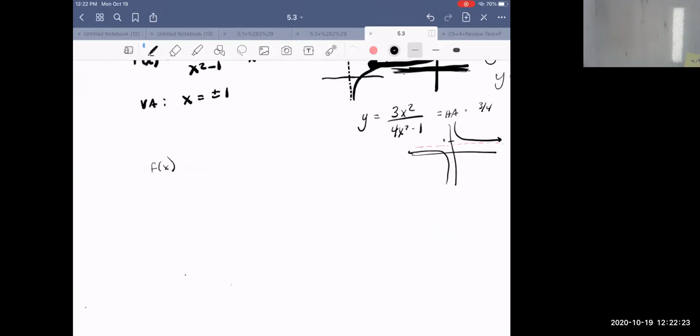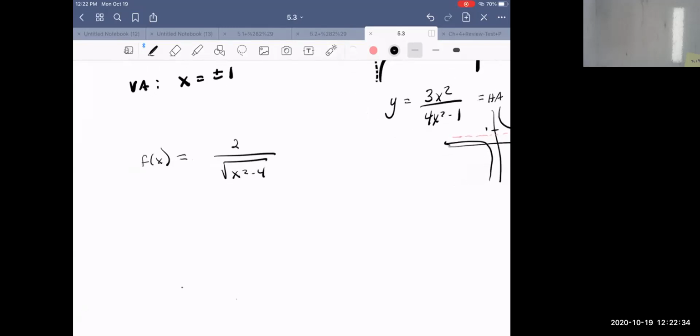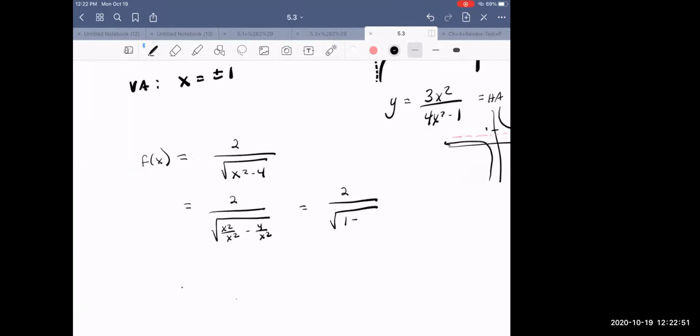And its degree is higher than the degree in the numerator, but you have a radical in your way. So what you can do is divide every term under that radical by x squared. So we're going to have 2 over the square root of x squared over x squared minus 4 over x squared, and this is going to be 2 over root 1 minus 4 over x squared.